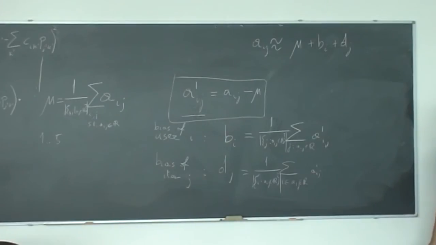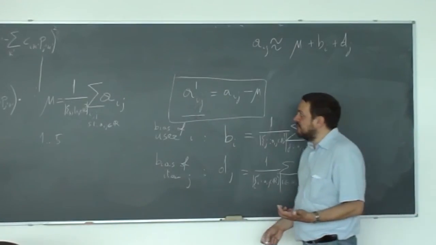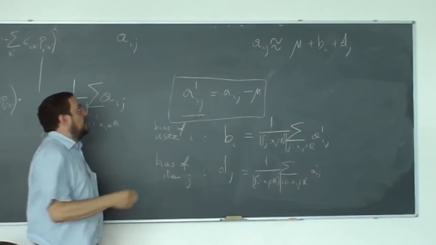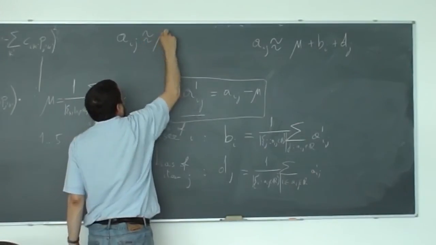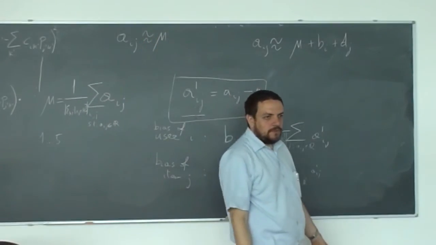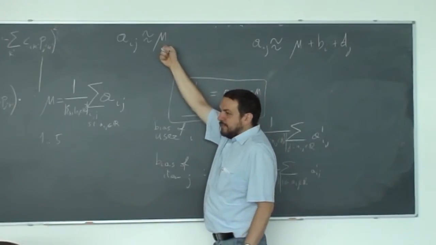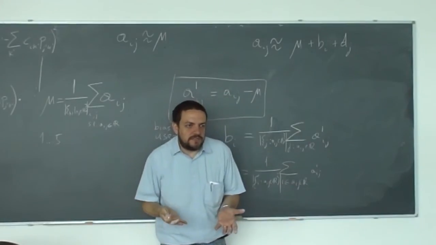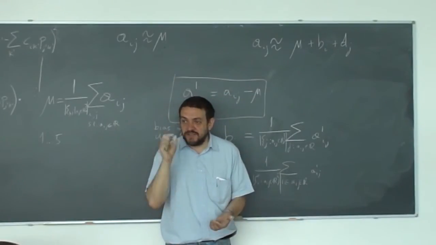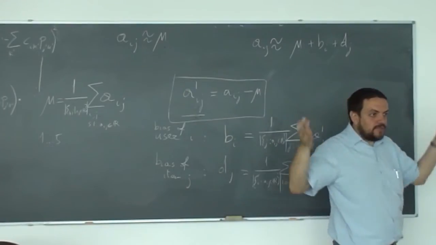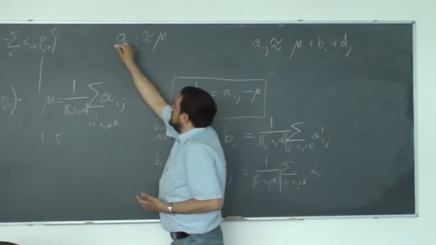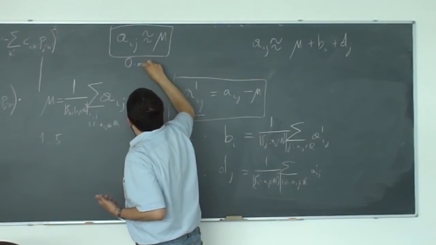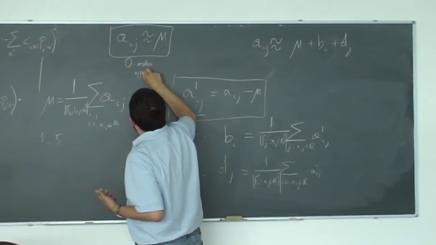Okay, we can consider a series of approximations. Of course, the simplest approximation of all is, okay, let's approximate a vote by the overall mean. The purpose of a mean value is exactly that of approximating your data set. It's the single value that best approximates your data set. So this, we can call it the zero order approximation.